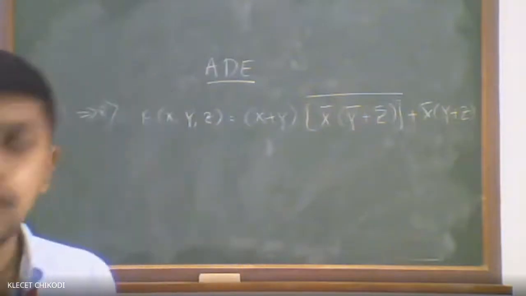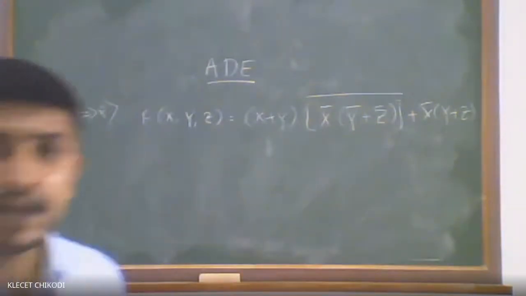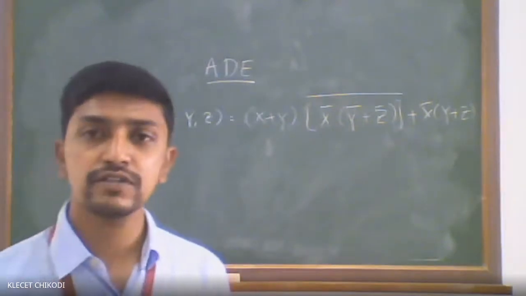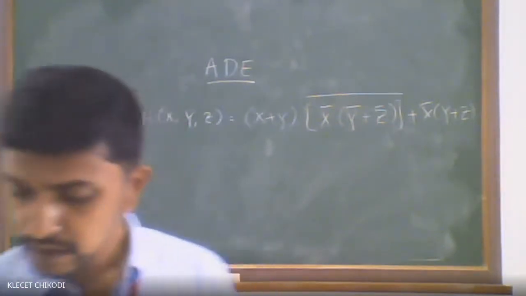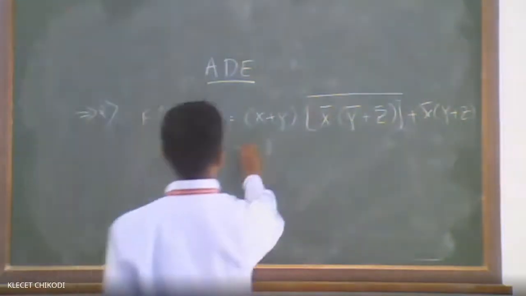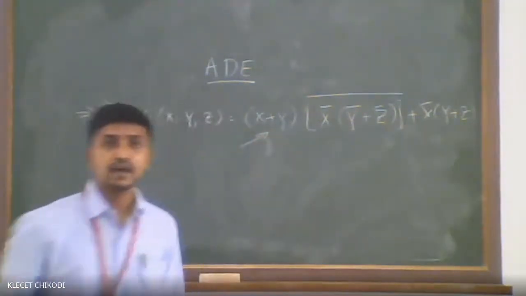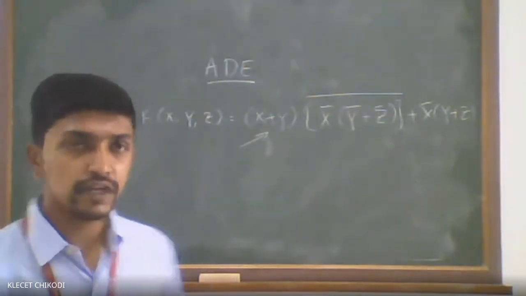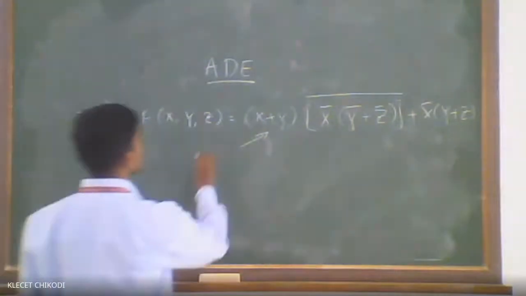So clearly I have mentioned in the note that you have to apply suitable Boolean algebraic rules, laws, theorems and properties. Whichever is applicable, you have to apply it here and solve the Boolean expression. Actually, our motto is to simplify this Boolean expression.